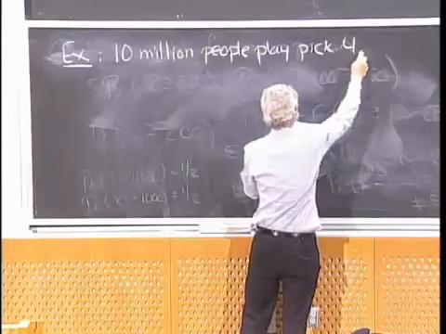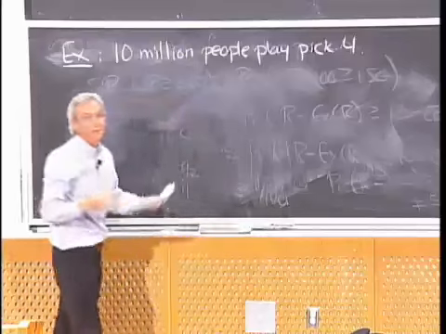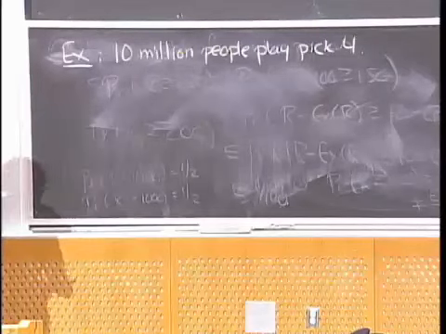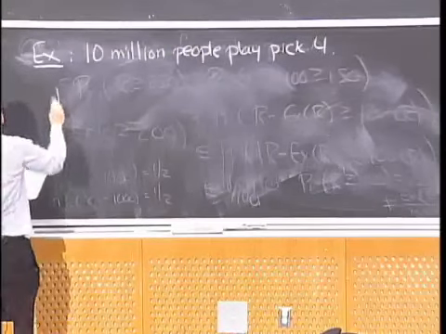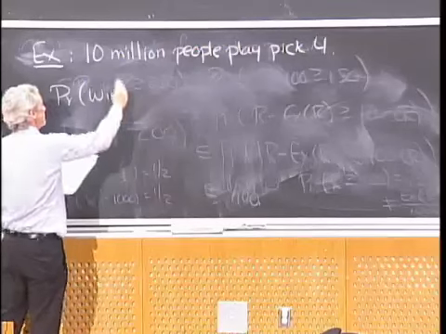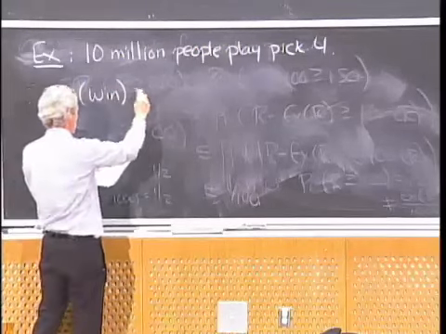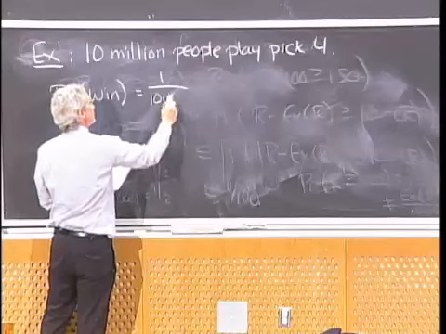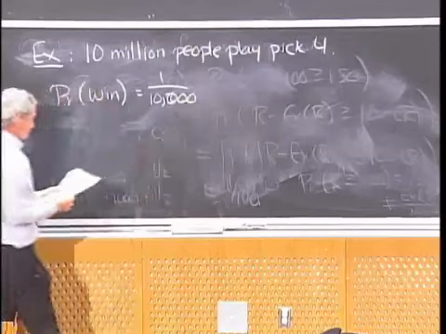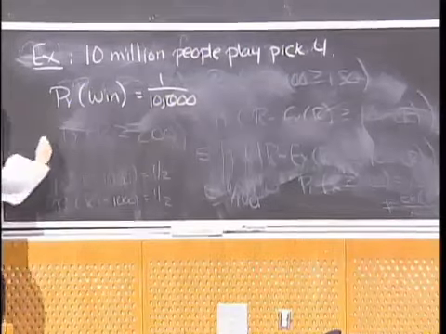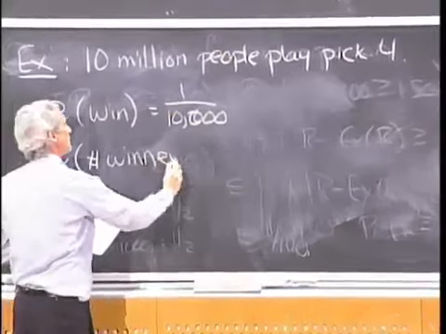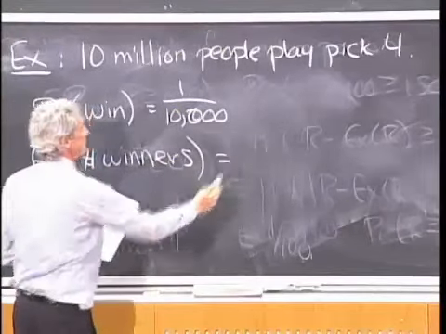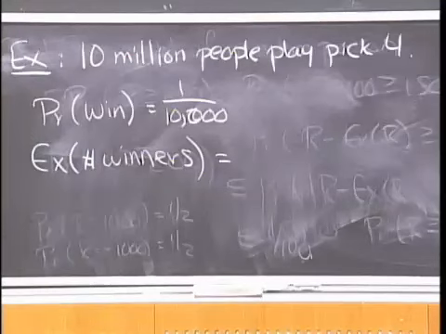And say in this version of Pick 4, you're picking a 4-digit number, 4 single digits, and you win if you get an exact match. So the probability of a person winning, well, they've got to get all 4 digits right. That's 1 in 10,000, 10 to the 4th. What's the expected number of winners? If I've got 10 million people, what's the expected number of winners? What is it?